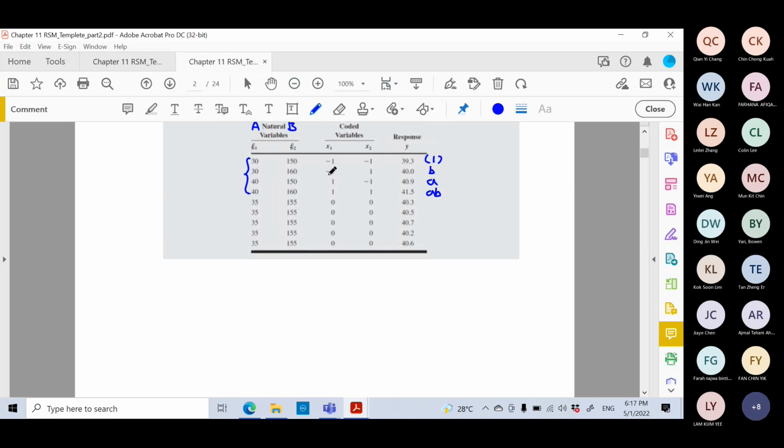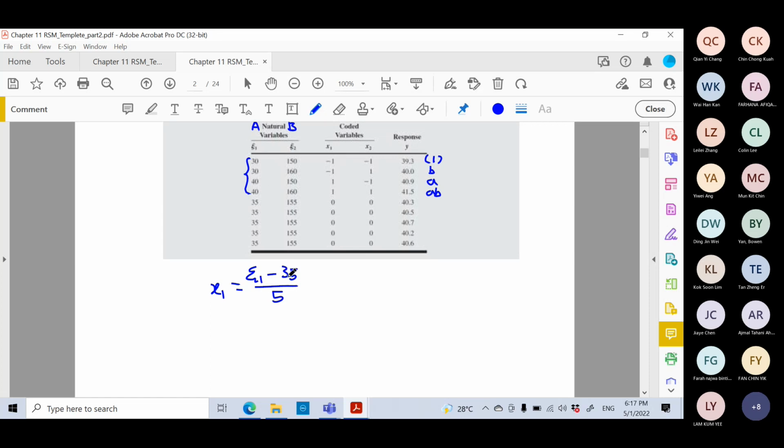Of course we can find the relationship, which I have mentioned to you. X1 will equal Z1 minus 35, divided by 5. How do we get the 35? You just take the average of these two, and you get 35.